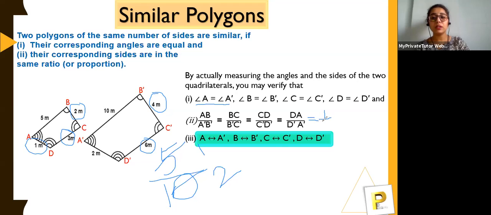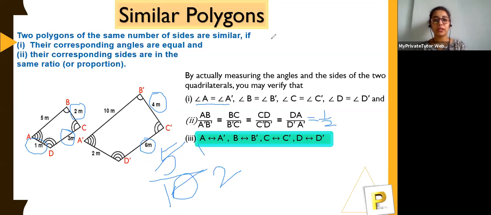Proportion means they are all equal. If angles are equal and the sides are in proportion, the side measurements need not necessarily be equal, but the side ratio should be the same, then those are considered to be similar polygons.